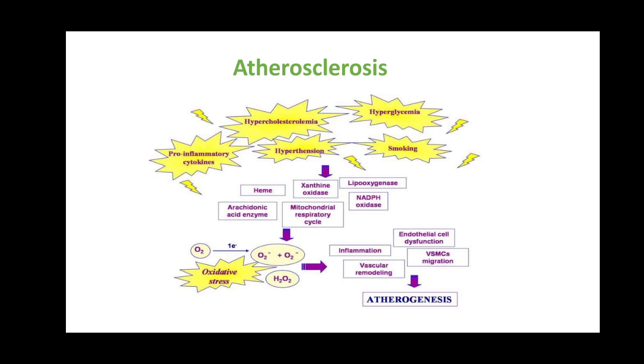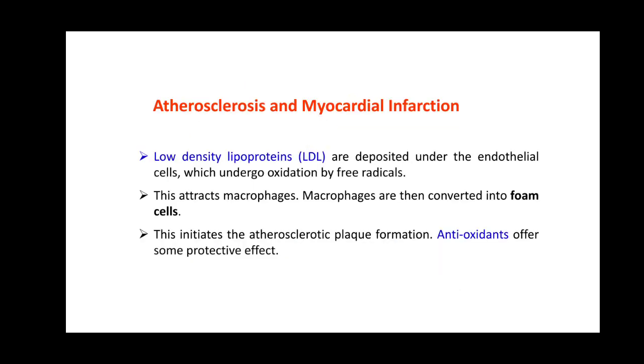So this triggers the onset of atherosclerosis. The LDL deposited under the endothelial cells undergoes oxidation by the free radicals and forms foam cells. So this initiates the atherosclerotic plaque formation, where the antioxidants offer some protective effect.